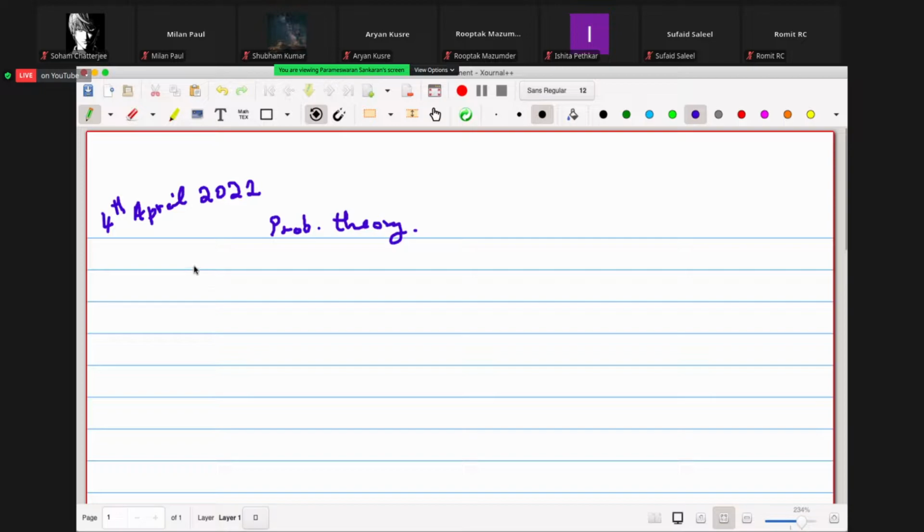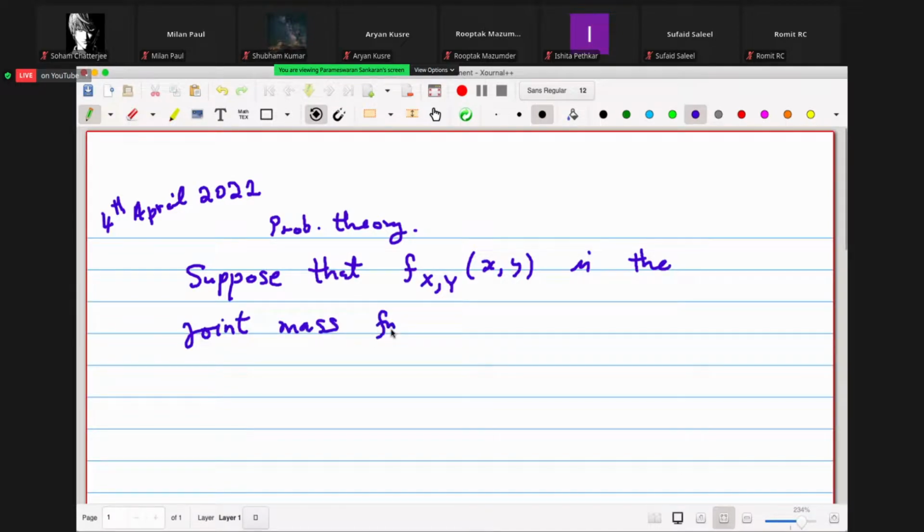So suppose that f_{XY} is the joint mass function of discrete random variables X, Y on a probability space.